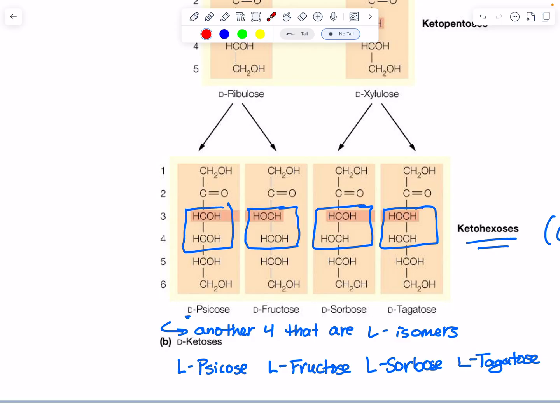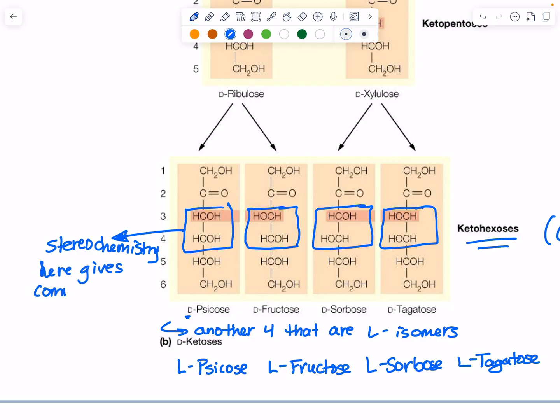That's the stereochemistry that gives the common name, by which I mean the psicose, fructose, sorbose, or tagatose part. And then the stereochemistry here gives D or L.